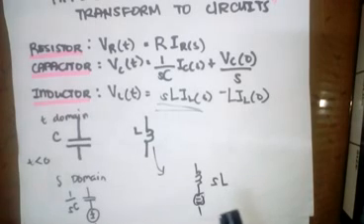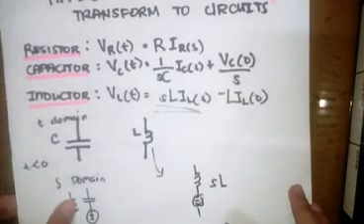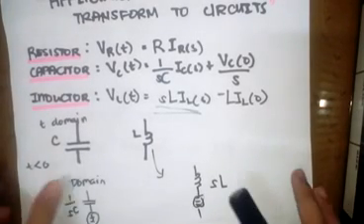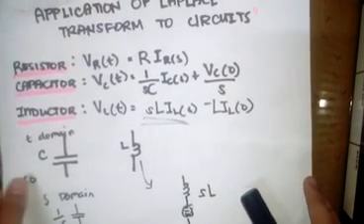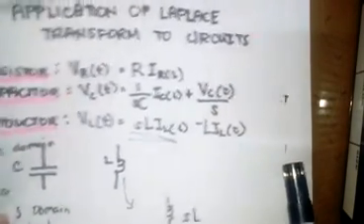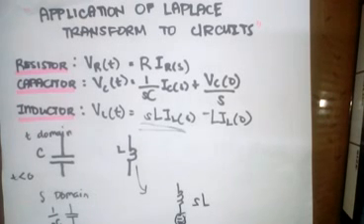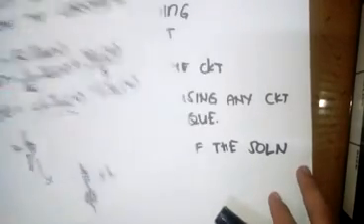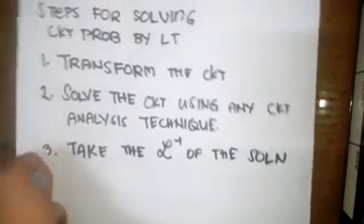Next we have a very basic circuit problem using the Laplace transform. But before we go through that, I will present some steps to remember so that we could perform the circuit problem.